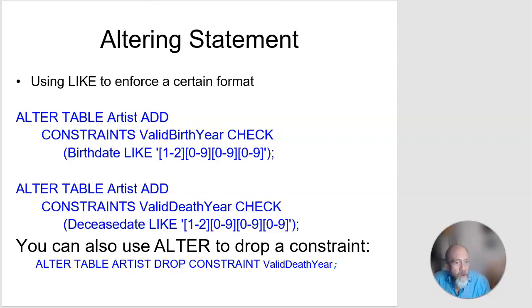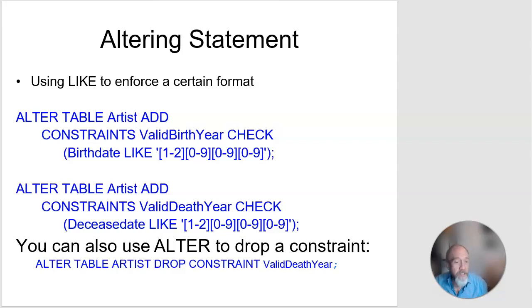You can also do different types of formats. I don't know how many of you are familiar with regular expressions, but you can say, does it follow this specific format, which is the like, a form of regular expression.